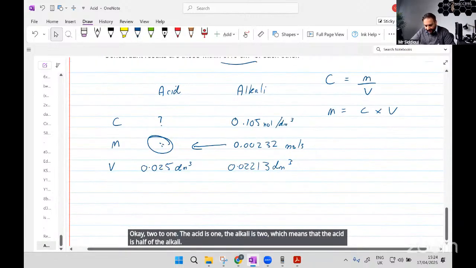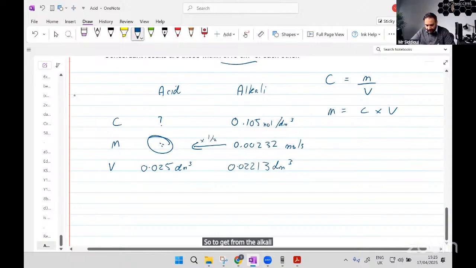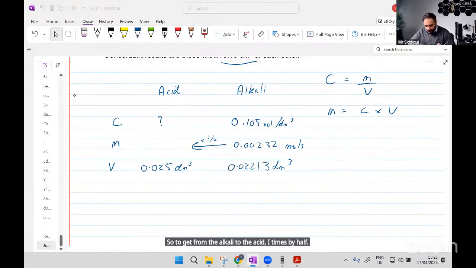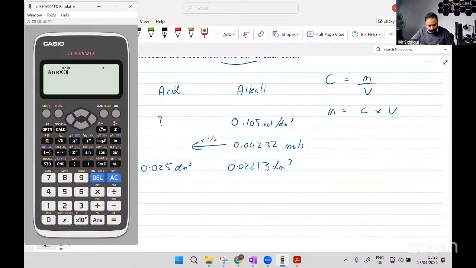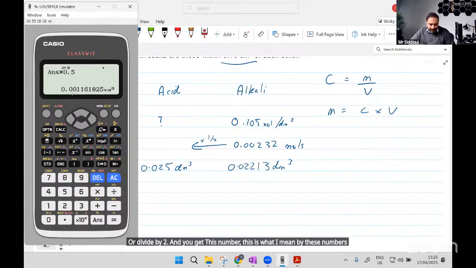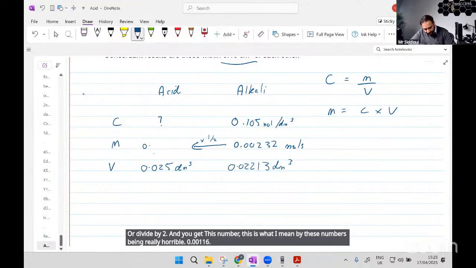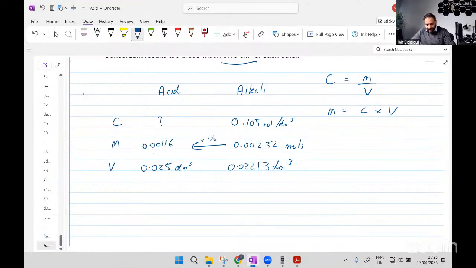So to get from the alkali to the acid, I times by a half, or divide by 2. And you get this number. This is what I mean by these numbers being really horrible. 0.00116. Okay, that is the moles of the acid that I'm going to get.